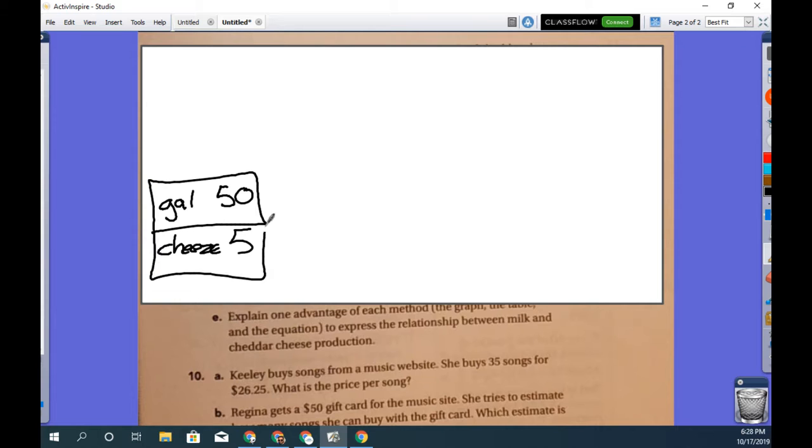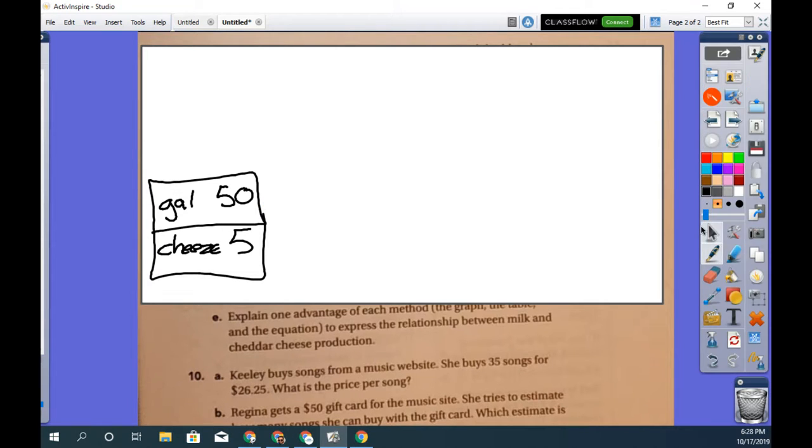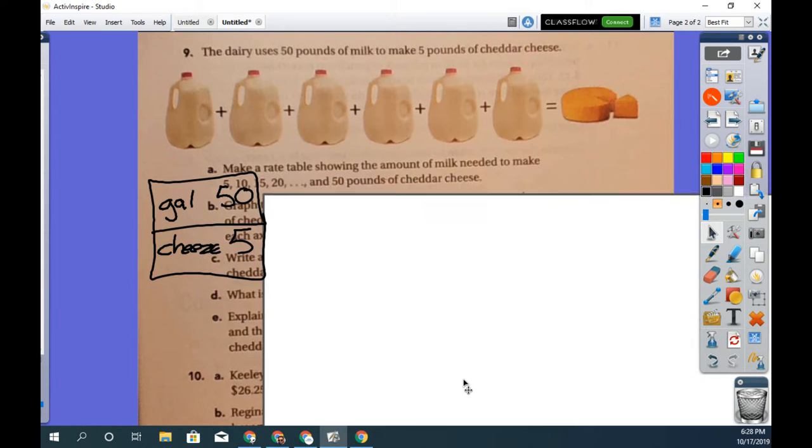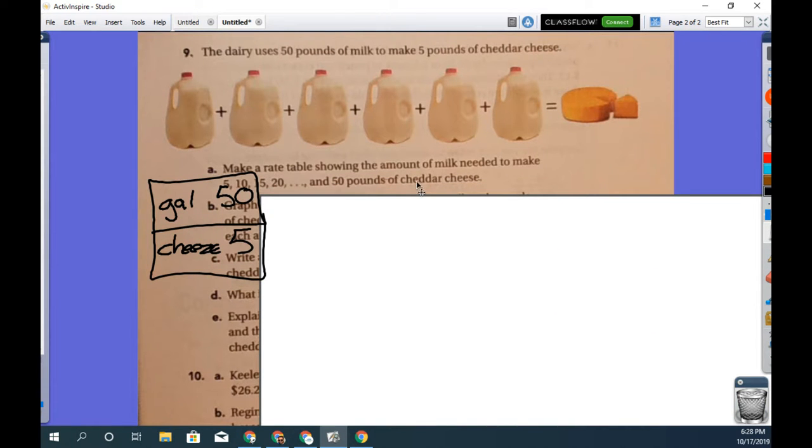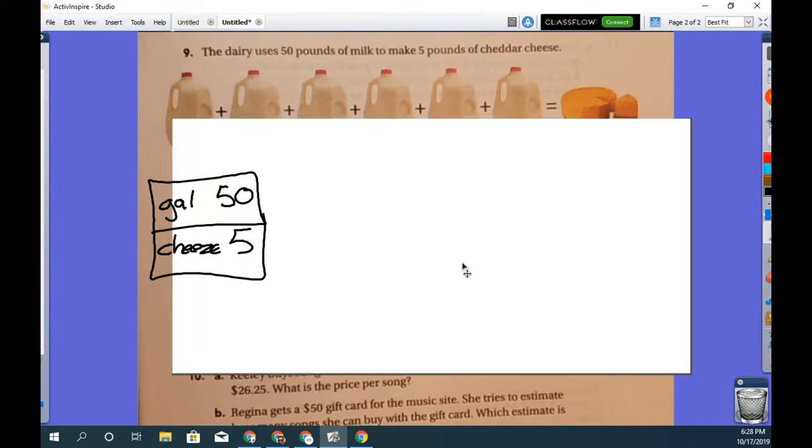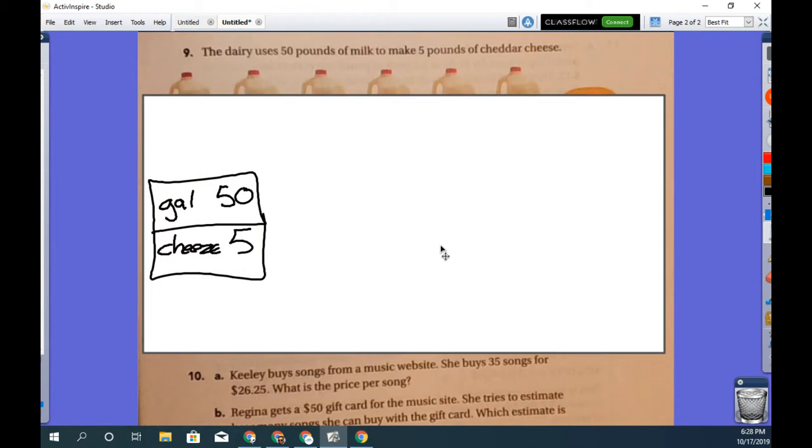And before we make our table, if I remember right, it is going to be starting at pounds of cheese, starting at 5, going in intervals of 5 until we get to 50. So we're going to go ahead and start with our cheese here.